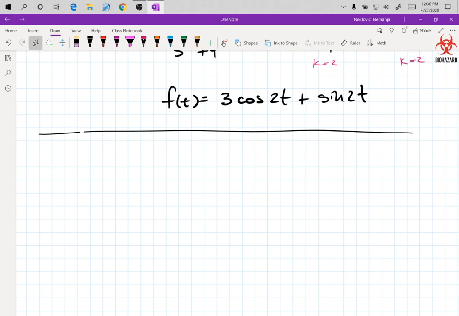When you're working with signals and things like that, you have your functions in time domain and you have your functions in frequency domain.